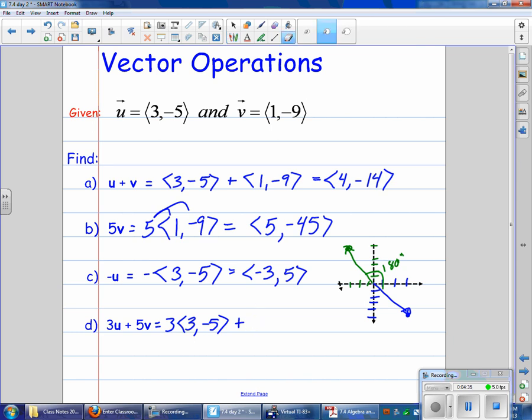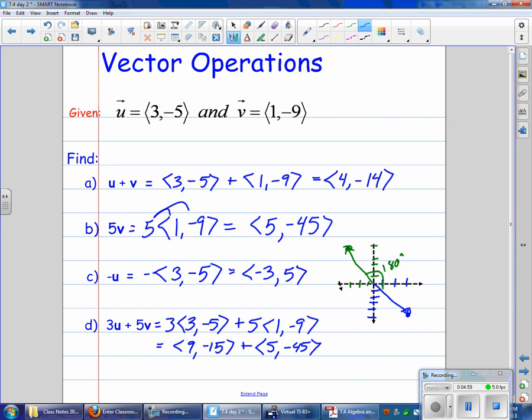Oops, I forgot the scalar of 5 there, so we'll put that in: 5 times vector v, which is <1, -9>. Following the order of operations again, we'll distribute first. So 3 times vector u is going to be <9, -15>. And we can also do the second scaling here: 5 times 1 is 5, and 5 times -9 is -45. We found that one up above.